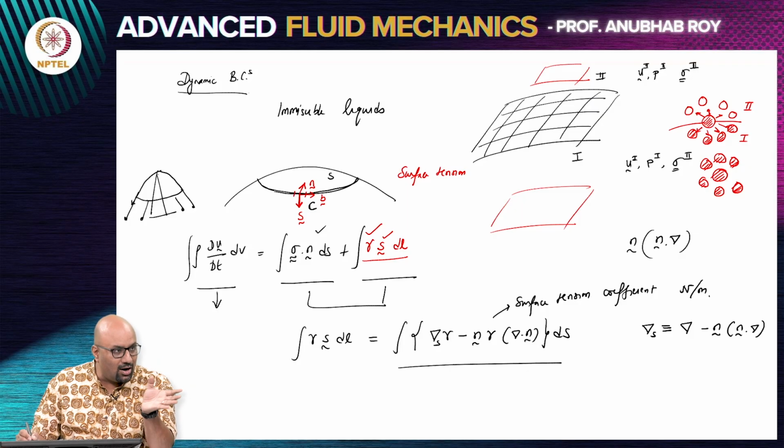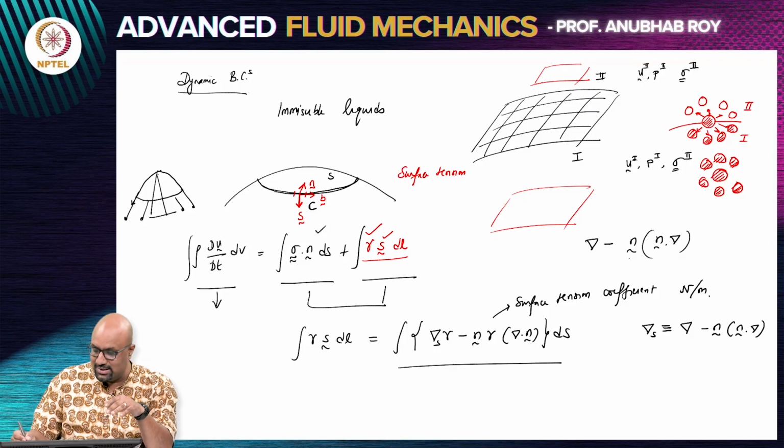So, from the del operator, we are taking out the part which is giving you the variation in the x direction. Now, when I subtract that from del, it gives me the component of the derivative which lies on the surface that is perpendicular to N.